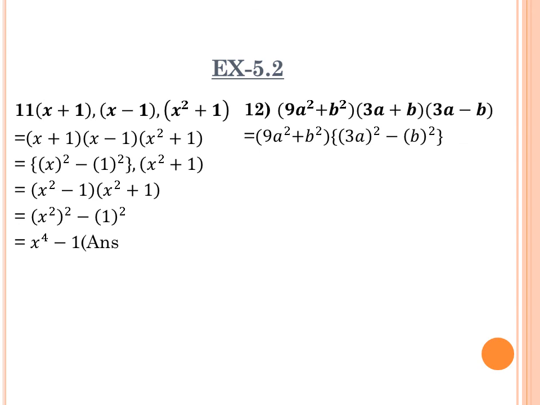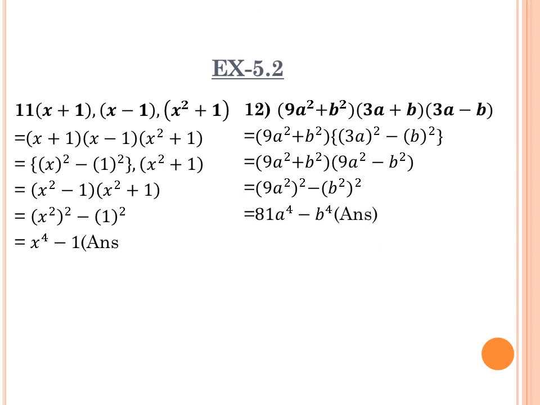We can write a square minus b square, that means 3a whole square minus b square, 9a square plus b square, and we get 9a square minus b square. We can take the formula again, a square minus b square, that means a plus b into a minus b. So 9a square whole square minus b square whole square, we get 81a to the power 4 minus b to the power 4.